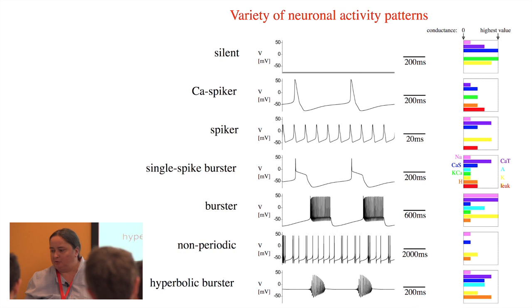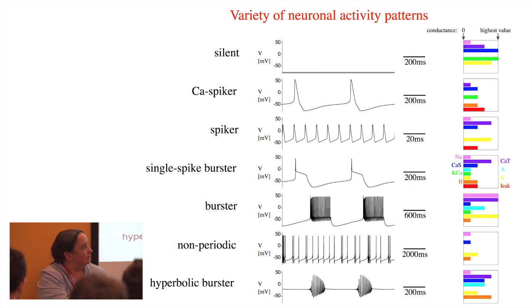What is the behavior of the model? And I'm showing you some examples here. So what we're looking at here is voltage traces for a bunch of different versions of this model. And over here, these bars show you how big is the maximal conductance for these different membrane currents.